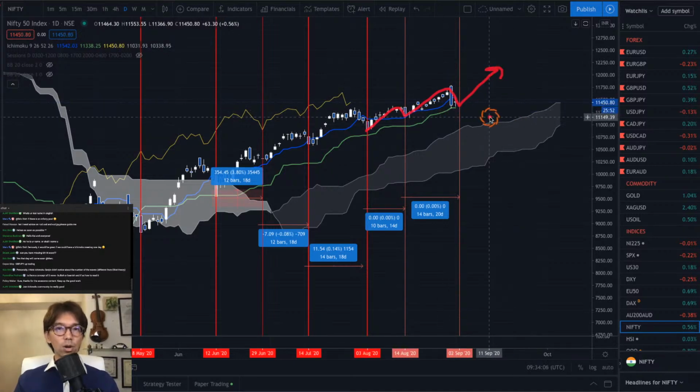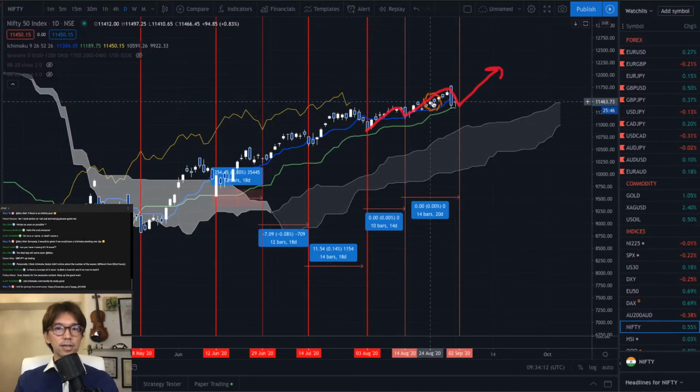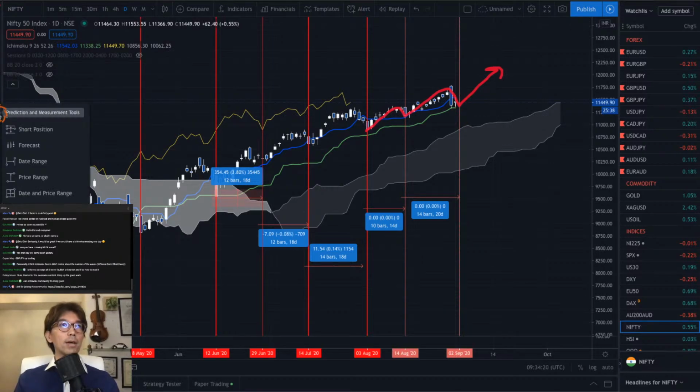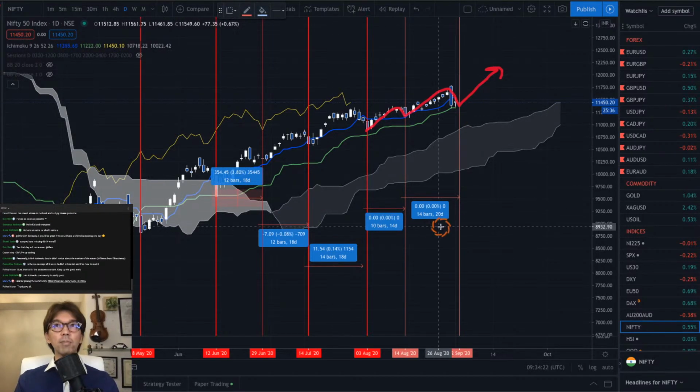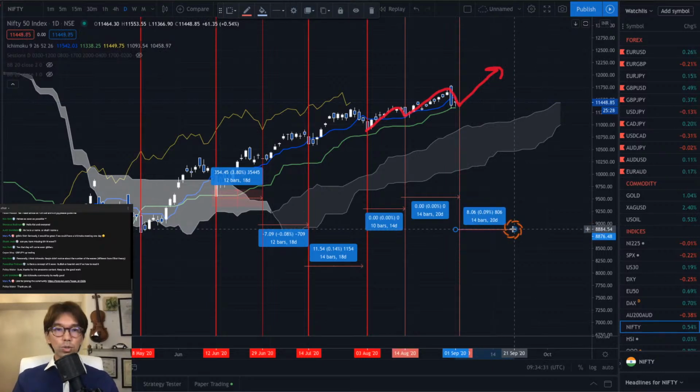So the next low potentially is going to be 14 bars from this low of the 2nd of September, which is tomorrow. So hold on. The next low, 14 bars in between, is going to be the 22nd of September.